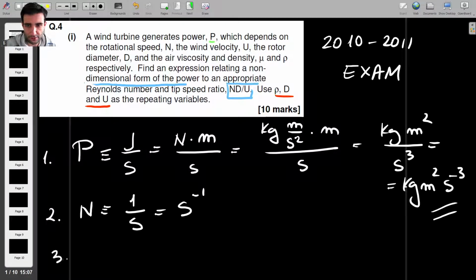Then for the third one, we have wind velocity. That's the free stream speed, for example. That is measured, of course, in meters per second, which is m s to the minus 1. So we've done power, we've got n, we've got U.